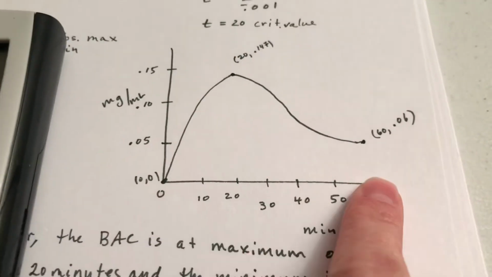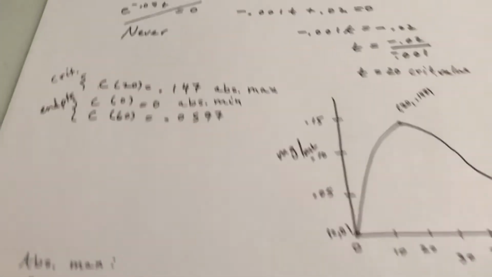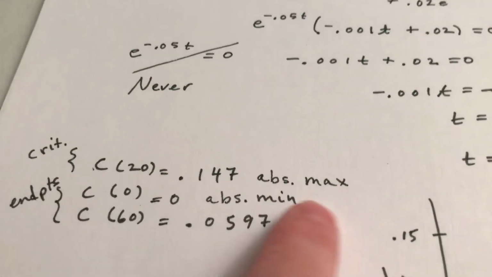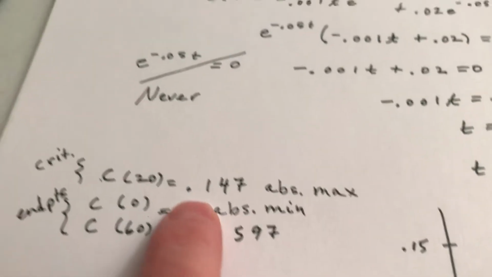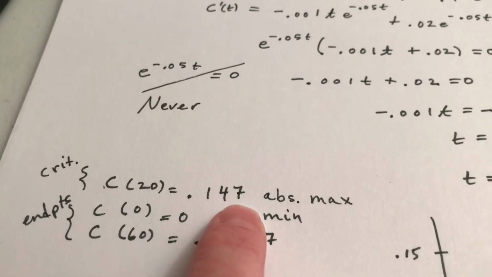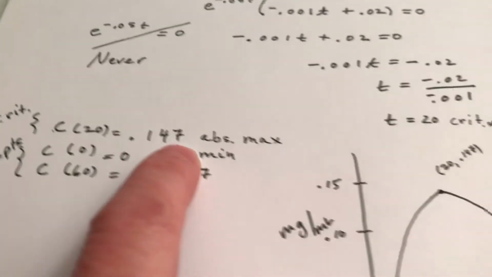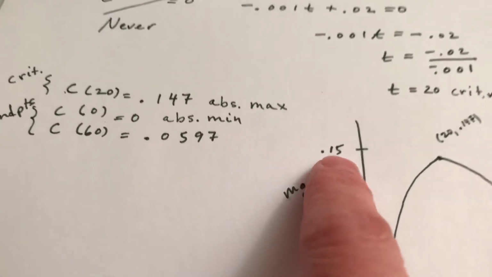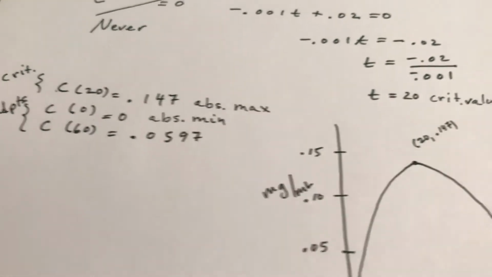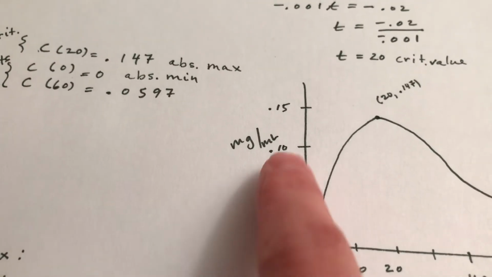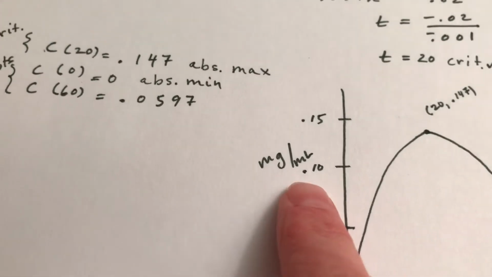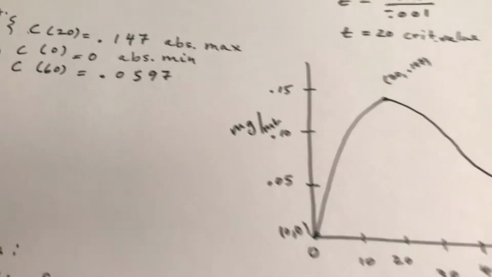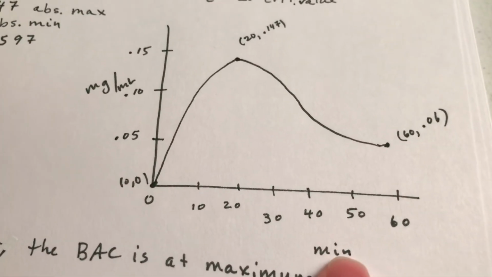So that is what I did. I went 0 to 60. And since I realized that my maximum was at a blood alcohol concentration of 0.147, I thought, well, I'll just change this to 0.15, and then I divided it into 0.05, 0.10, 0.15. And this is in minutes.